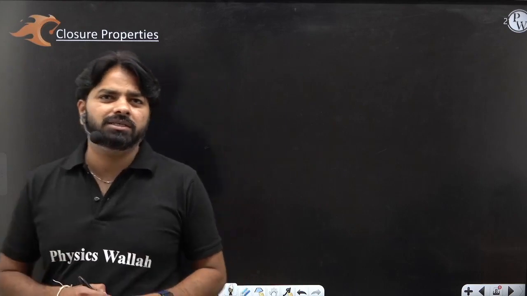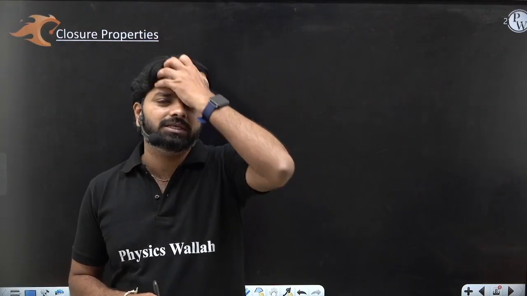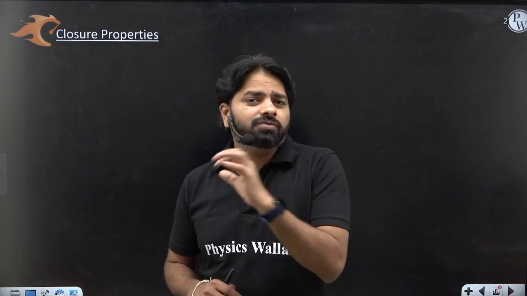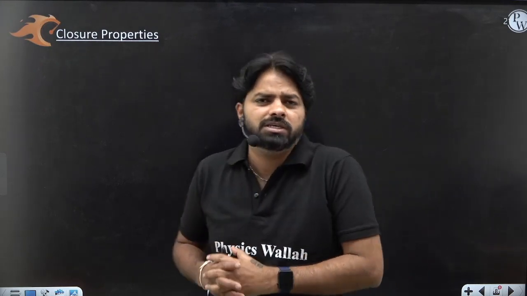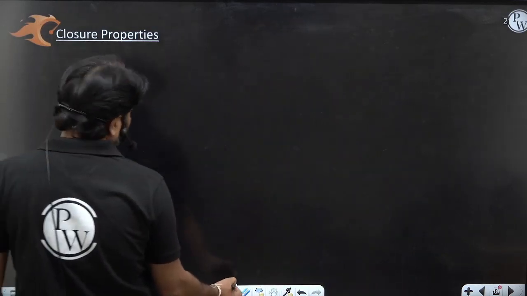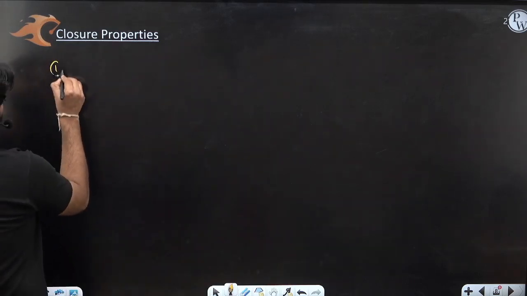Now we look into the CFL closure properties. What are the operations closed for CFLs, not closed for CFLs? I'm not going to discuss every operation, but some important operations I'm going to discuss here. The first one, same like union.